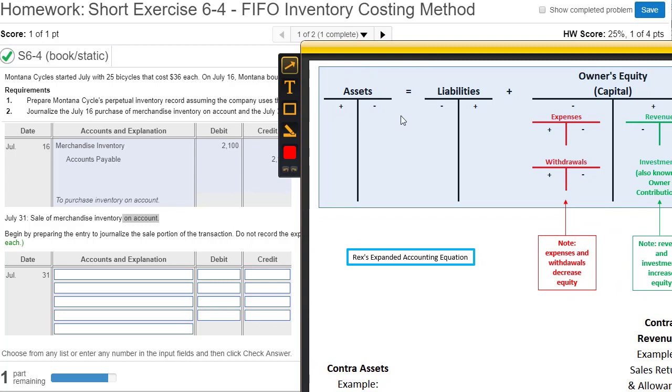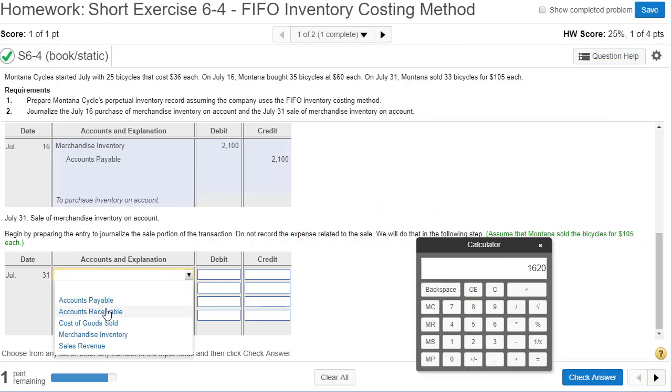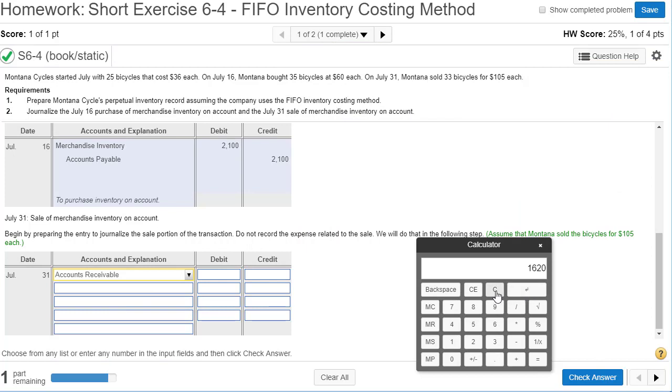Do we have more AR or less AR? Our customers owe us more, so that's why AR is going to be the debit. Accounts receivable going up. How much is it going up? Let's see, 33 bicycles times $105 each gives us $3,465.